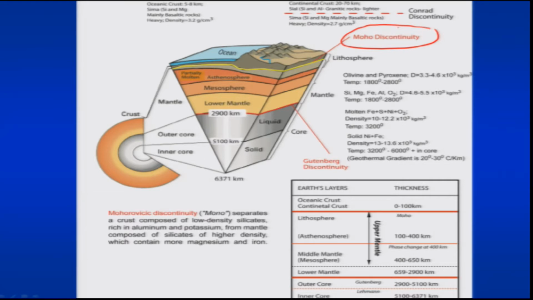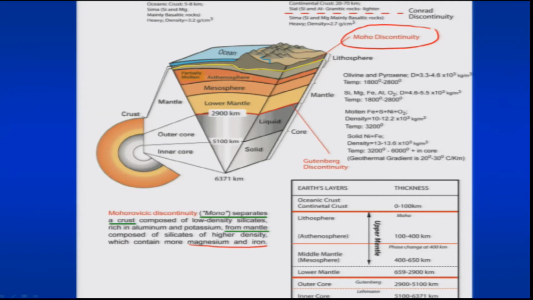Based on that, they have marked these boundaries. The Moho discontinuity exists between the crust and the mantle. The crust has a low density and is composed of silicates rich in aluminum and potassium, and the mantle is composed of silicates with higher density containing magnesium and iron. So this we discussed.